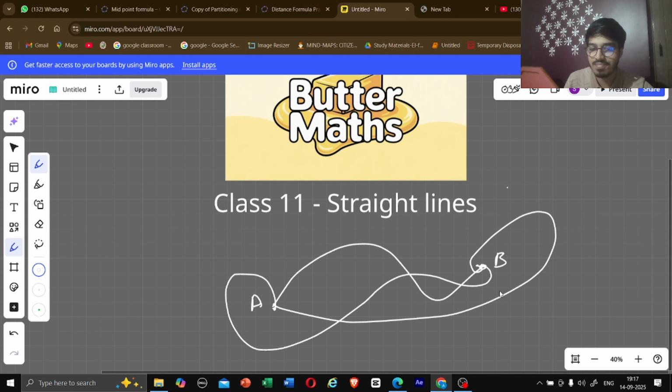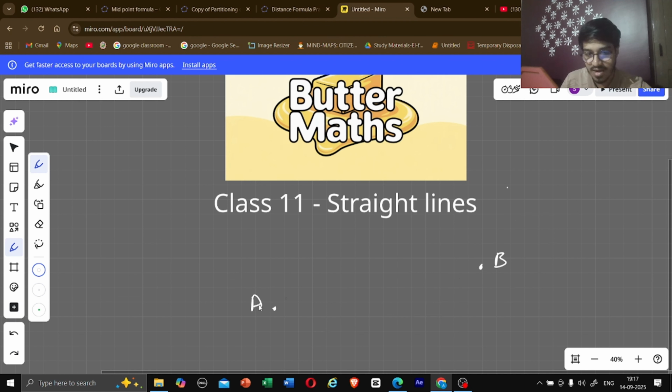So there are many ways to reach B, but the shortest path from point A to point B, I repeat again, the shortest path from point A to point B is known as a straight line. So is this a shortest path? No, this is not a shortest path. So this is not a straight line.